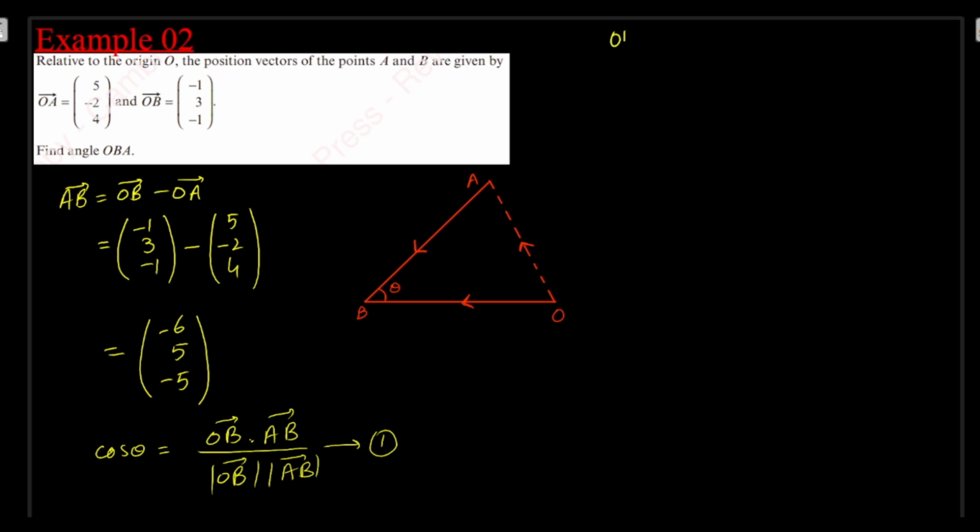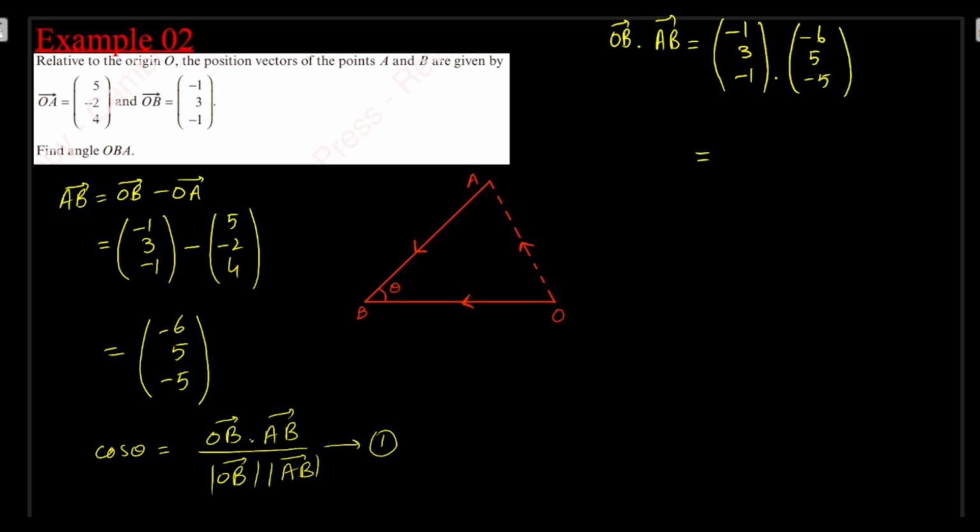Now OB dot AB is equal to the dot product of OB, which is minus 1, 3, minus 1, with the vector AB, which is minus 6, 5 and minus 5.